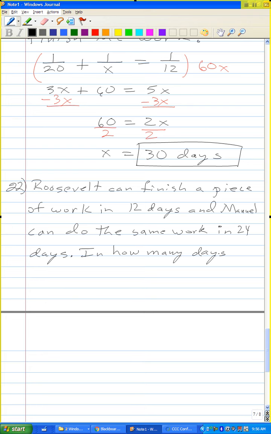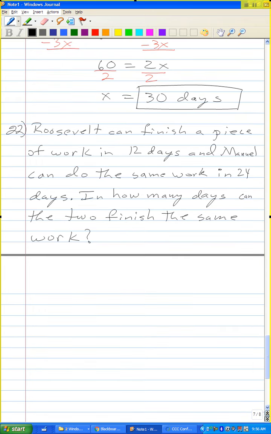In how many days can the two finish the same work? Okay, so let's do that.